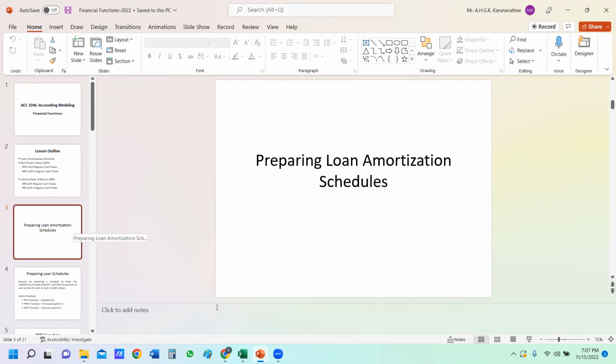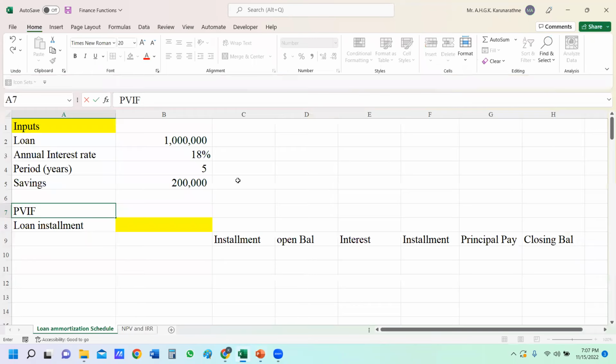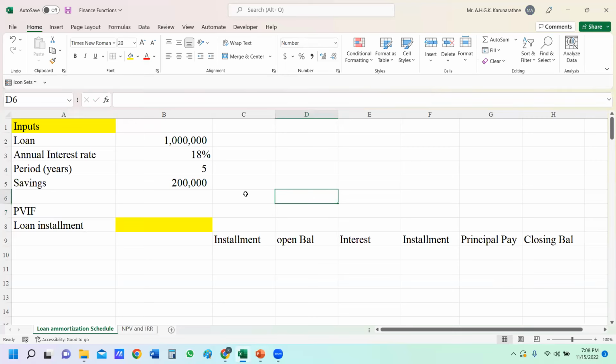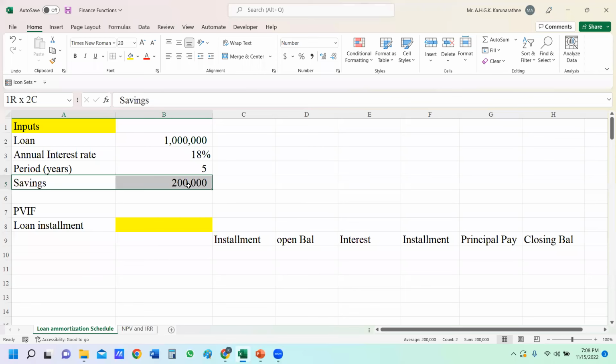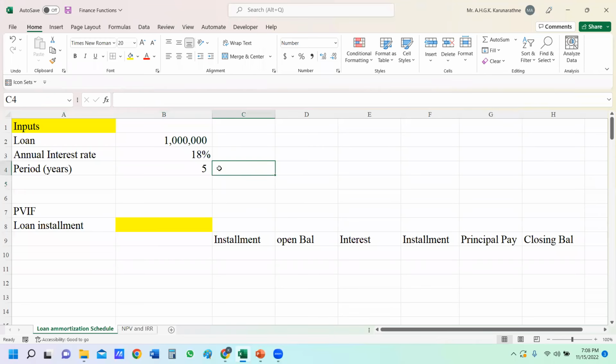Anyway, we discussed last week how to prepare an ordinary loan amortization schedule with your existing knowledge. As an approach, we'll have a look at how to prepare it the way you do using your calculator or writing manually.